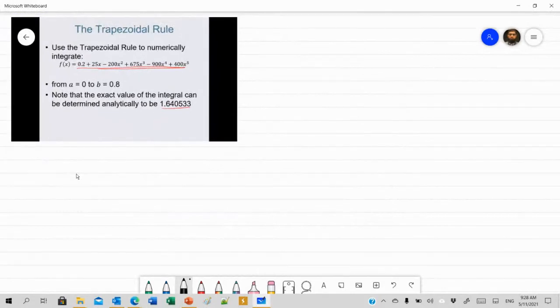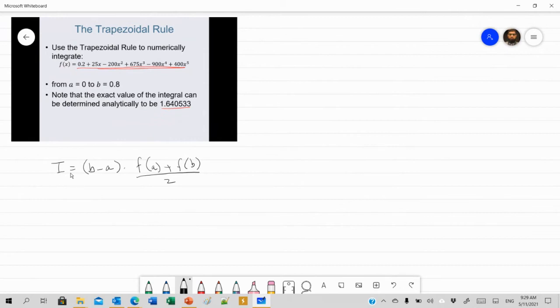Okay, so we have the equation given to us, and we want to find the integral using the trapezoidal method. So we say integral is (b minus a) multiplied by (f of a plus f of b) divided by 2. So we need to find f of a and f of b.